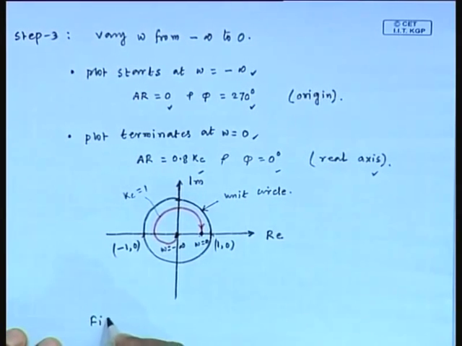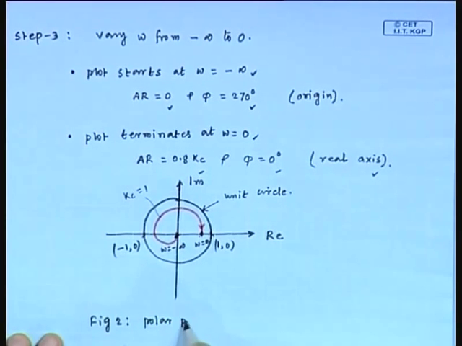This is suppose figure 2, polar plot with varying omega from minus infinity to 0.